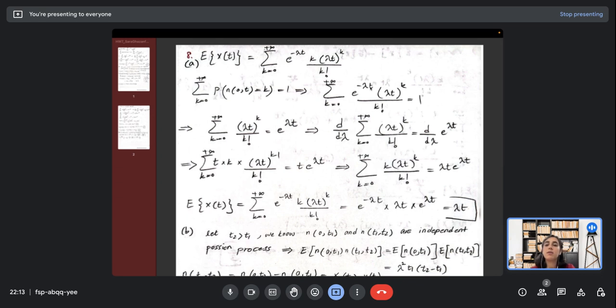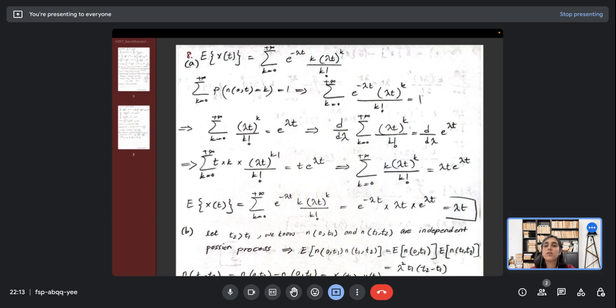Okay, if we want to calculate the expected value of X(t), we should calculate the sum of x times the probability, the first order probability distribution function. But as we know from the Poisson distribution, this is hard to calculate. So we will do it indirectly.